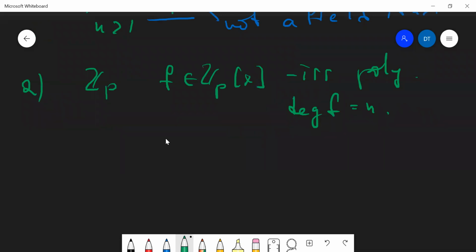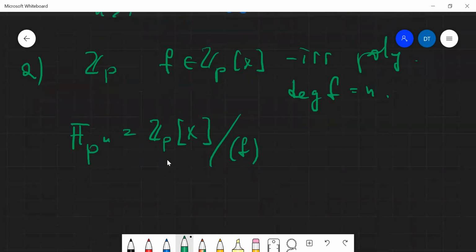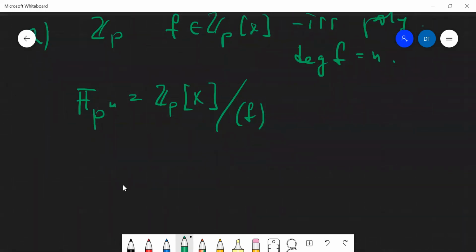We discussed it during the previous seminar. Nevertheless, it's an unpleasant procedure, but you can find an irreducible polynomial of degree n, and then you can produce F_{p^n} as a quotient. You take this ring of remainders, Z_p[x] quotient by f, and this is your finite field.